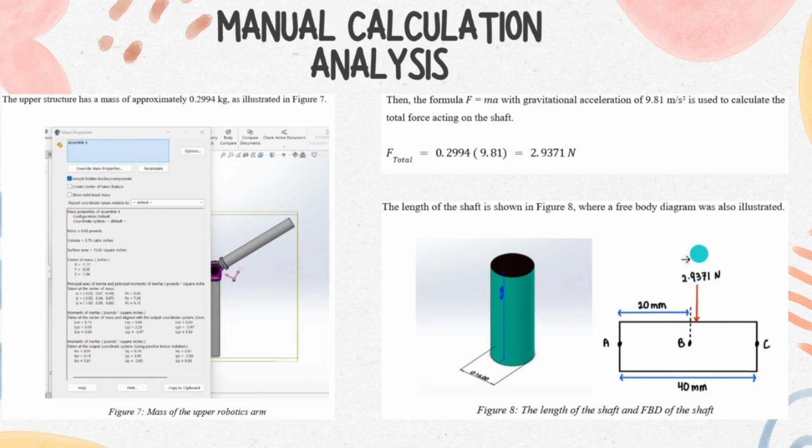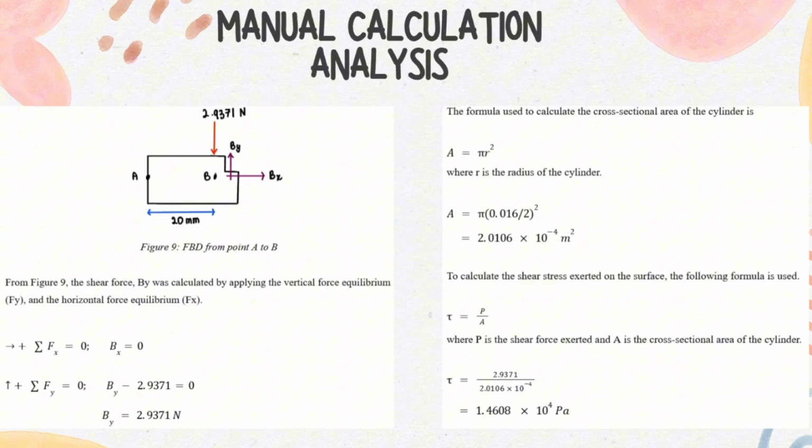We can see the force applied on the shaft and the shaft length A from B. Then from Figure 9, the shear force Dy can be calculated by applying the vertical force equilibrium Fy and the horizontal force equilibrium Fx. We know that the sum of Fx and Fy will be equal to 0.